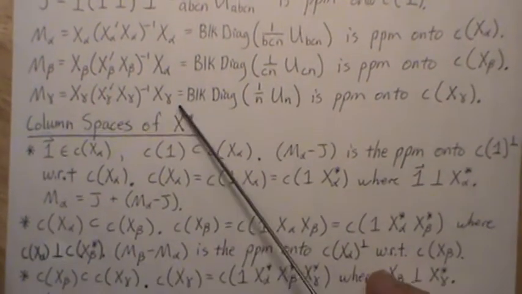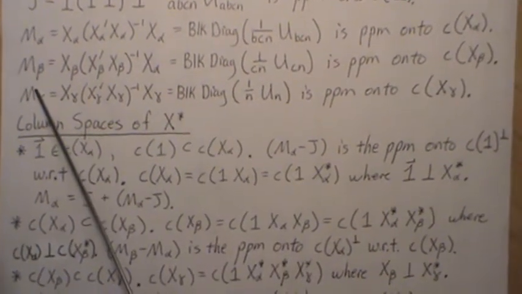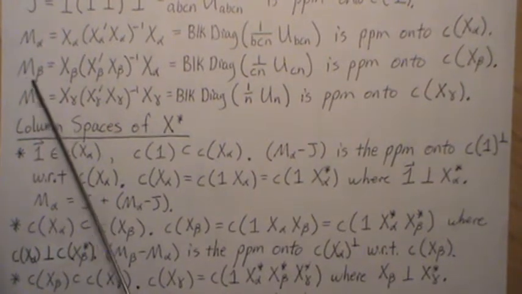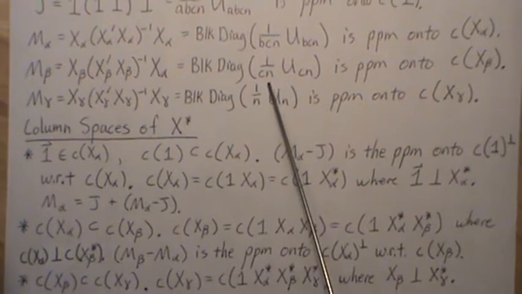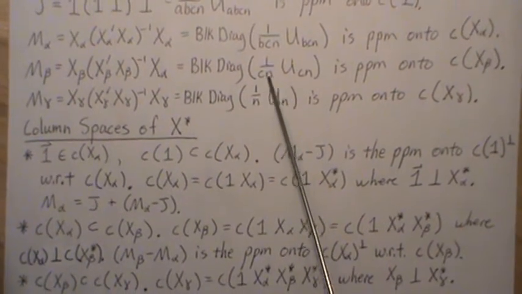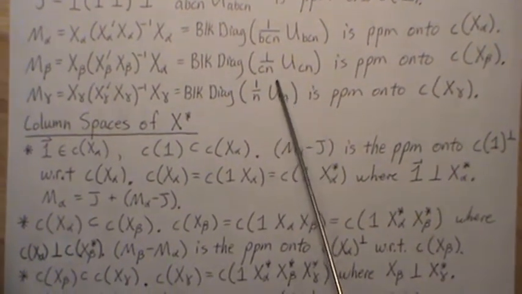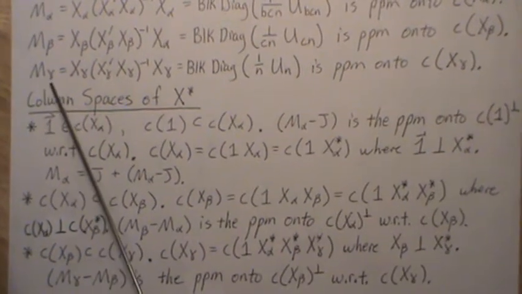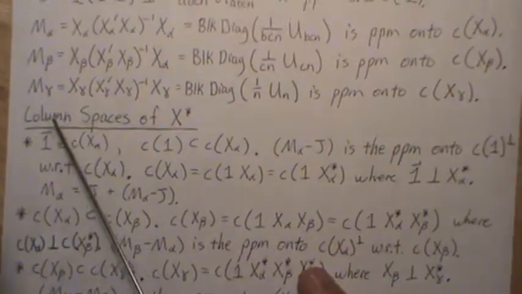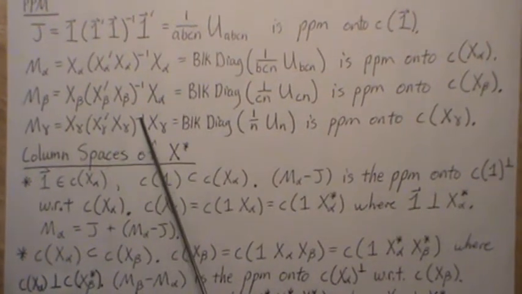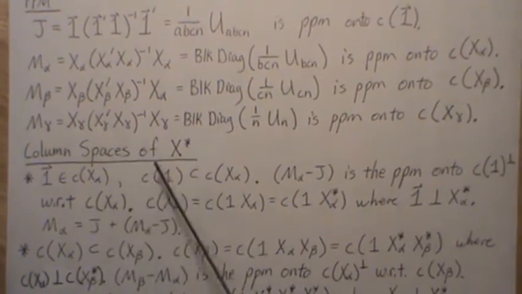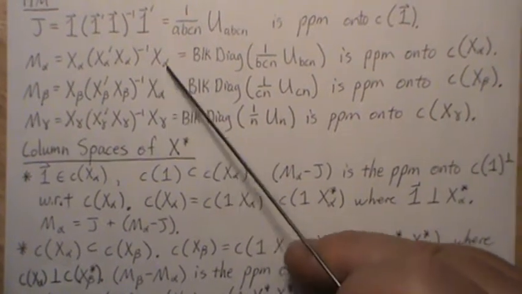And the structure for the next ones is going to be the same. M beta, defined like this, is block diagonal of 1 over CN. And then M gamma, defined as X gamma (X gamma transpose X gamma) inverse X gamma transpose. These should all be transposed.